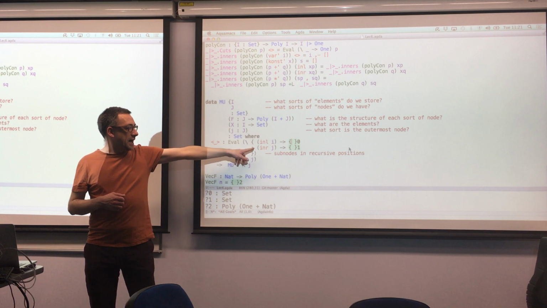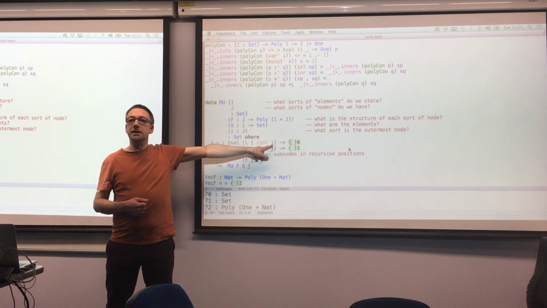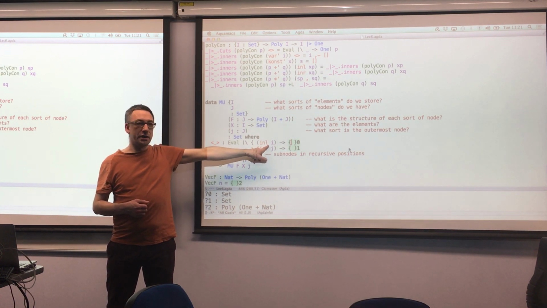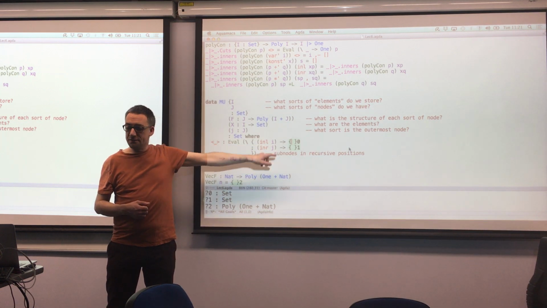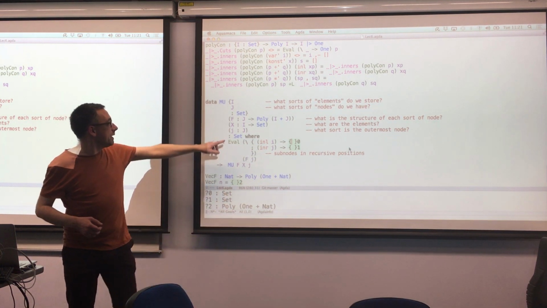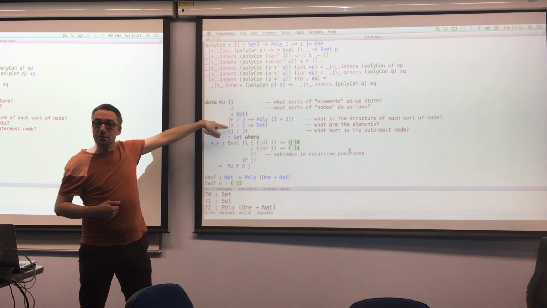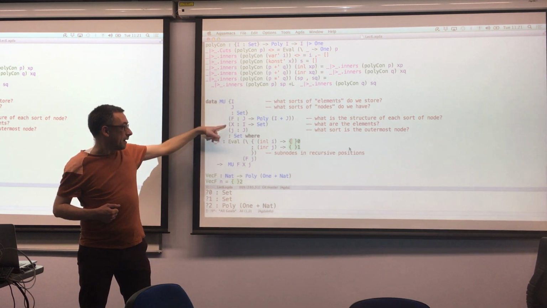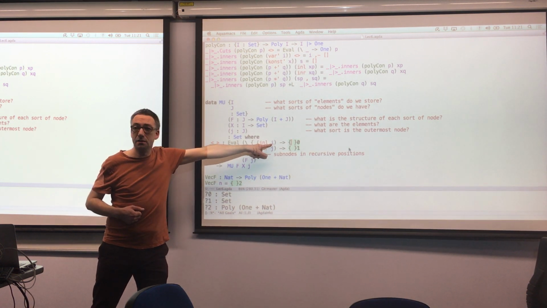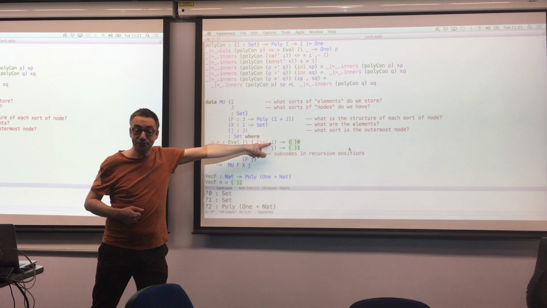If the variable says an element goes here, so that's the inl choice from I plus J, and it is of sort I, then we know that's an element, not a subtree.